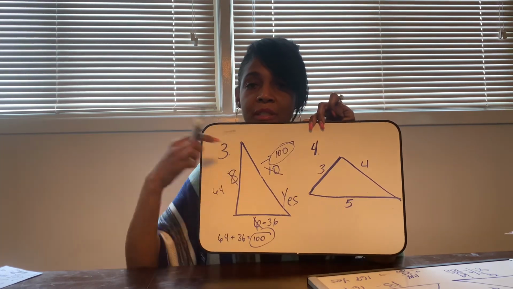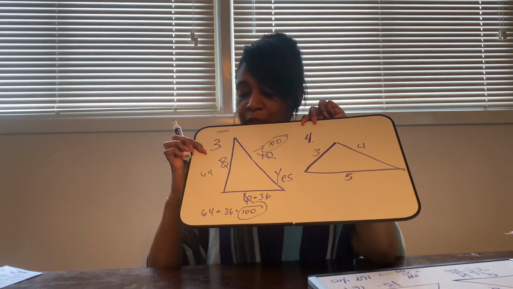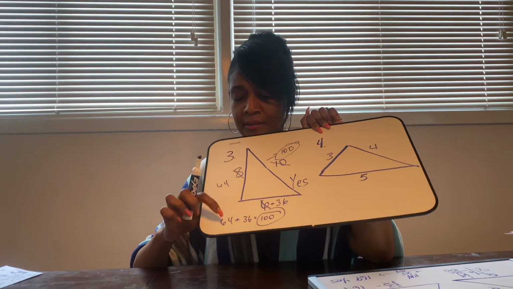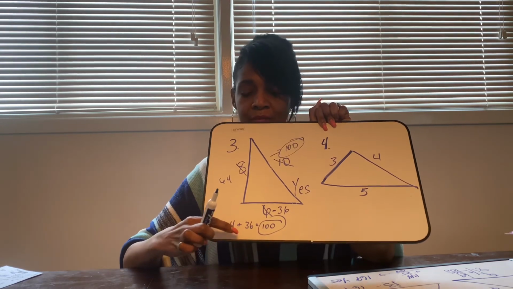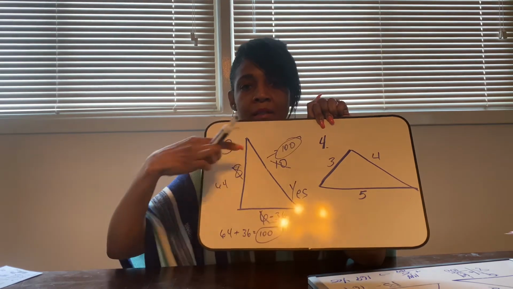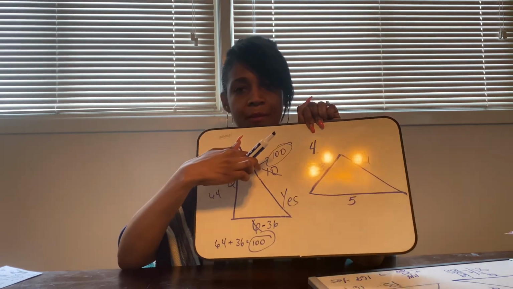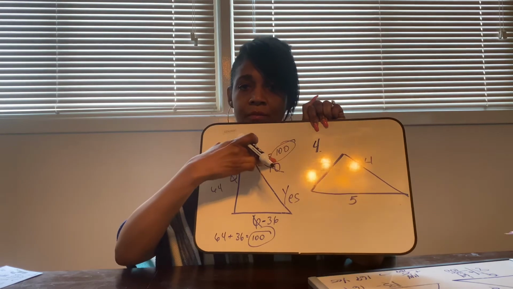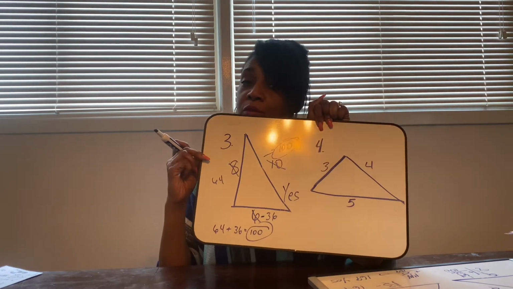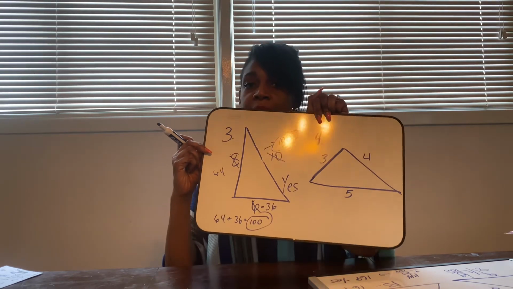So, the 100 stands by itself, okay? I added up my 64 and my 36, and it gave me a sum of 100. Also, over here, 10 times 10 is 100. The numbers, do they match? Are they equal? The numbers are equal, so yes, it is a right triangle, okay?